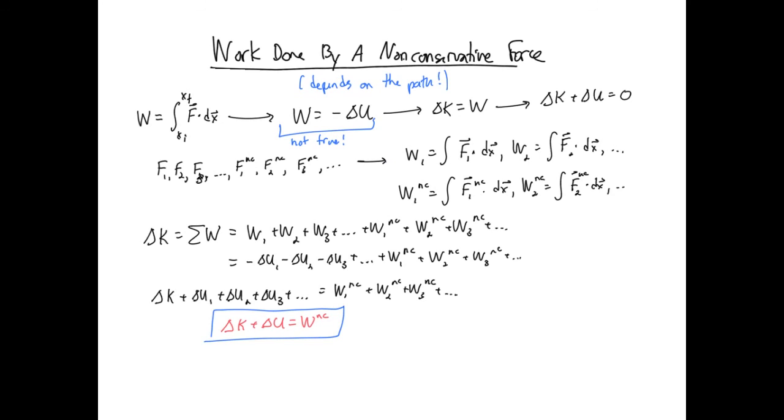So this should give us a bigger view of how conservation laws work in physics and how they're related to forces, and the key roles that conservative and non-conservative forces play. In addition, it allows us to solve a lot more problems, because now we can use energy not only in the conservative case, but as long as we can write down the work done by a non-conservative force, we can use this equation for almost any problem that we can imagine.